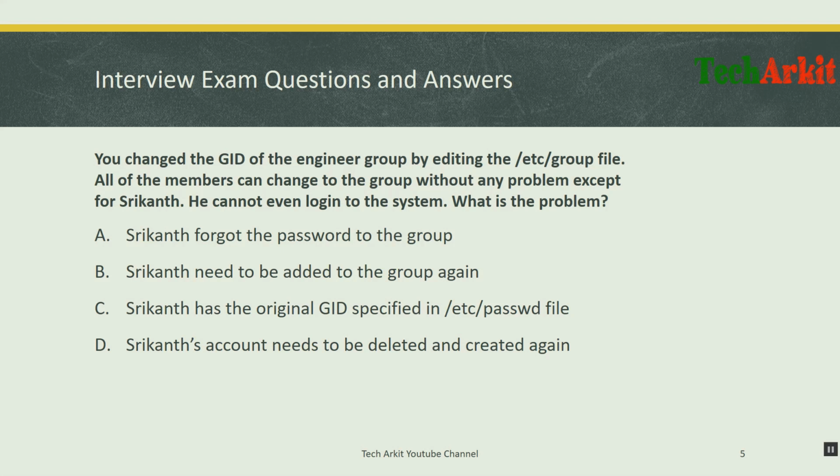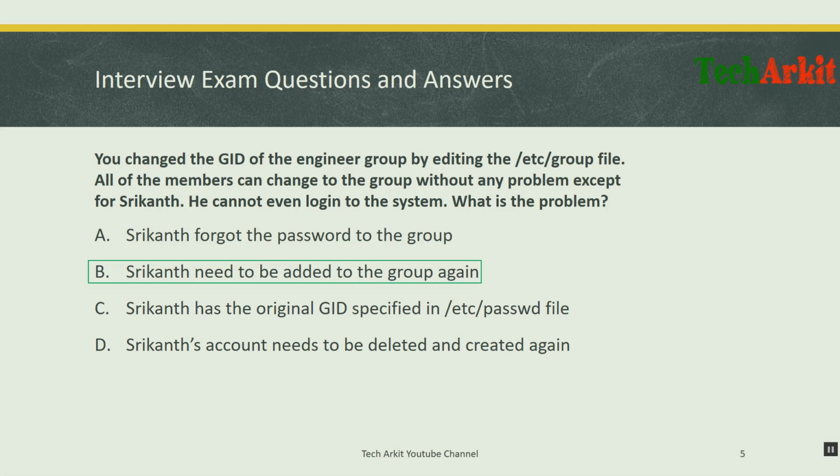Options: Srikanth forgot the password to the group; Srikanth needs to be added to the group again; Srikanth has a virtual GID specified in the /etc/passwd file; Srikanth's account needs to be deleted and recreated. Which option do you think is correct? The answer is that Srikanth needs to be added to the group again.